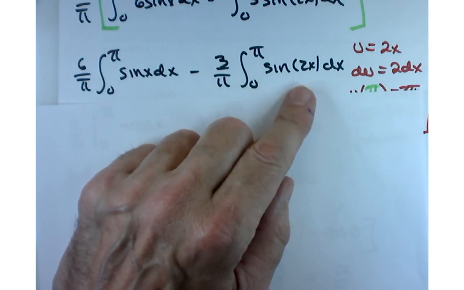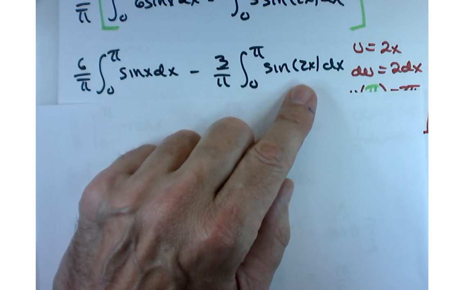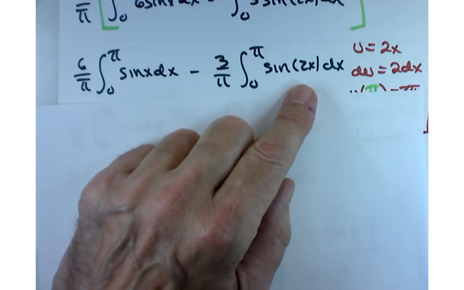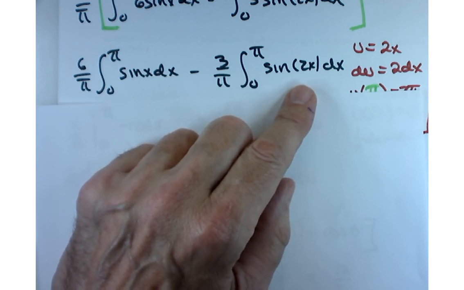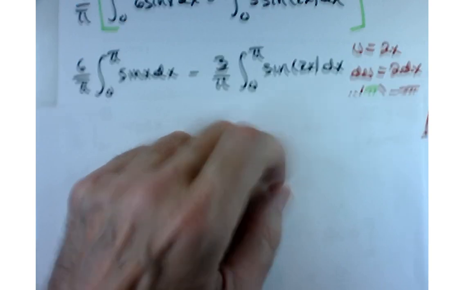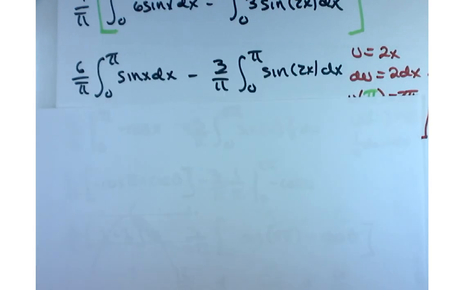What would we end up doing? You'd have cosine of 2x, and then what? Somebody said it. Times 2. So you got that extra concept of times 2. But integration is the opposite operation of differentiation.